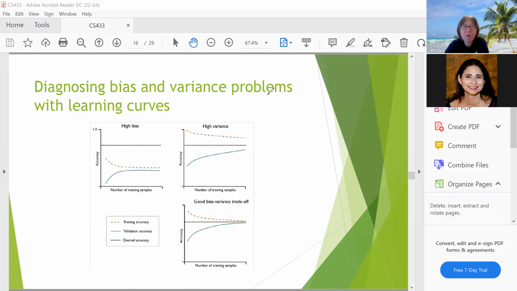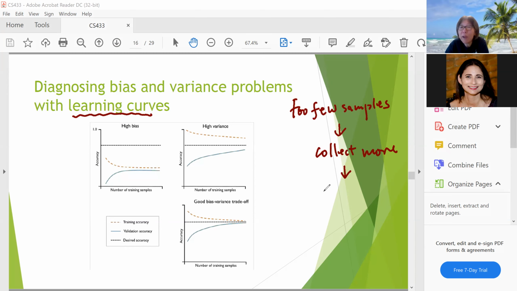If we don't use the learning curve and we find the model is not ideal, then sometimes maybe you have too few samples, and you may say, I need to collect more samples.